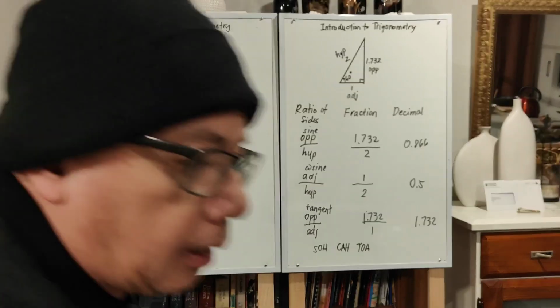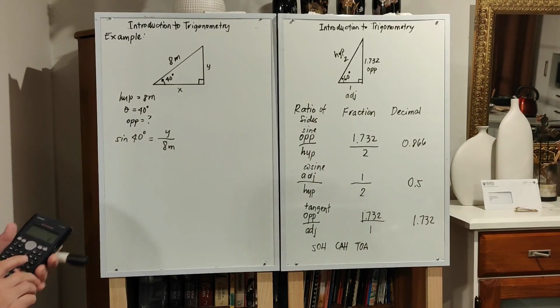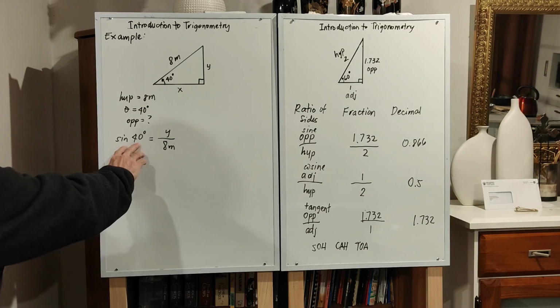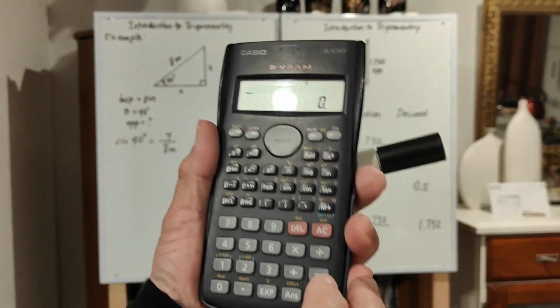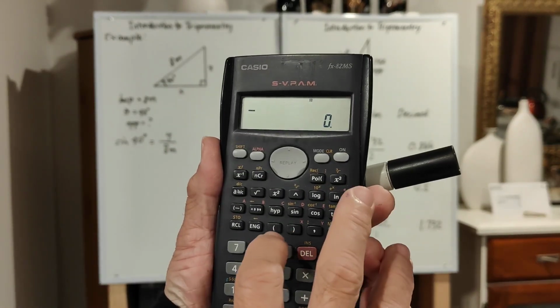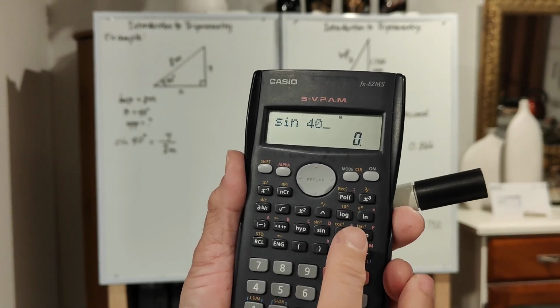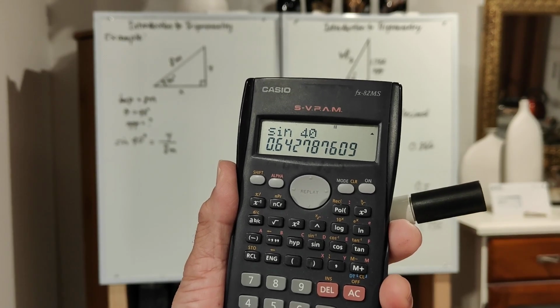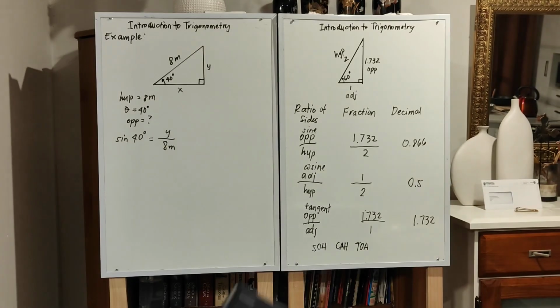Now we use the calculator to find the ratio of sine 40 degrees. Sine 40 degrees is equal to 0.642 something.